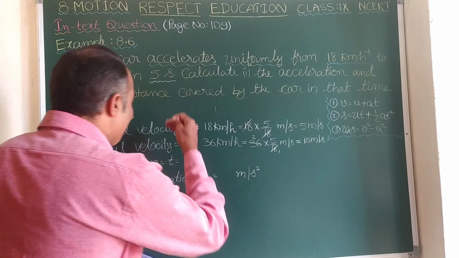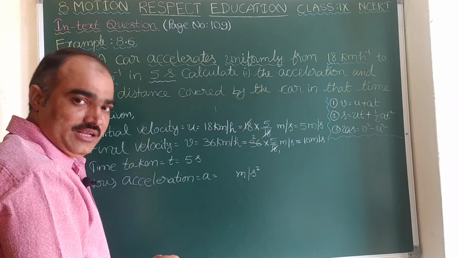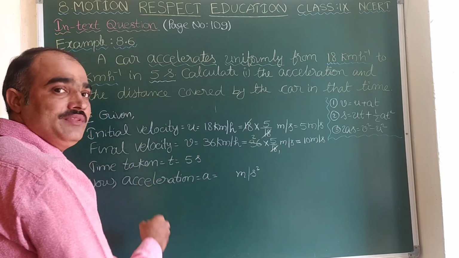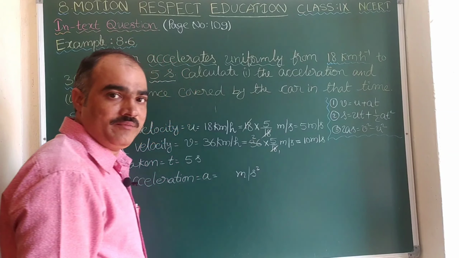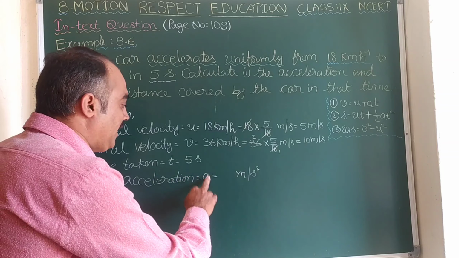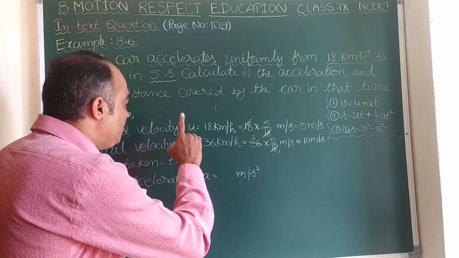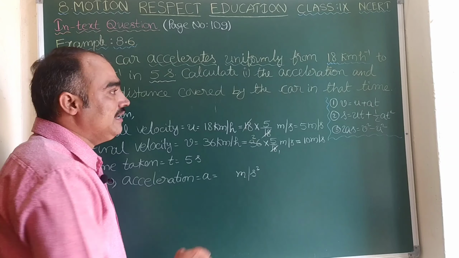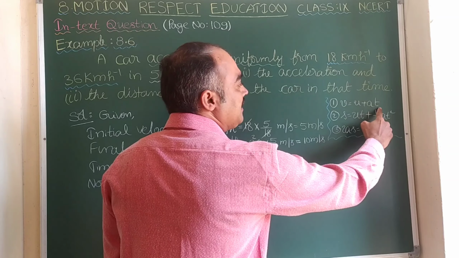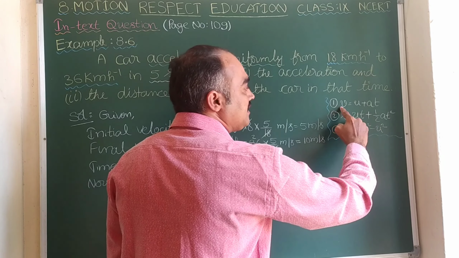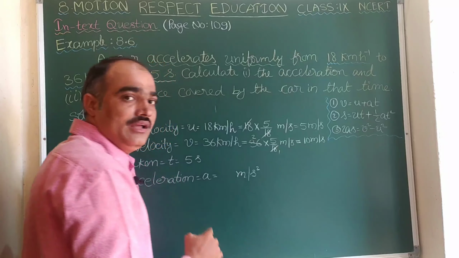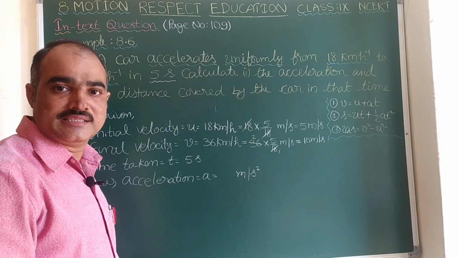Now, according to the question asked and the given data, we need to select the suitable formula. Here we are asked to find a, whereas u, v and t values are given. Let us apply the first formula for finding the unknown value, that is acceleration.